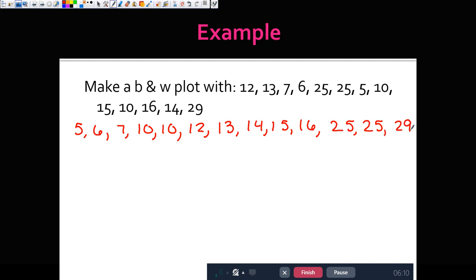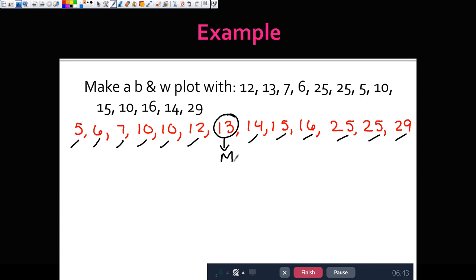Now I'm going to find my median, the middle number. Instead of scratching them completely off, I'm going to put little X's or lines on the bottom. All right, so 13 is my median.